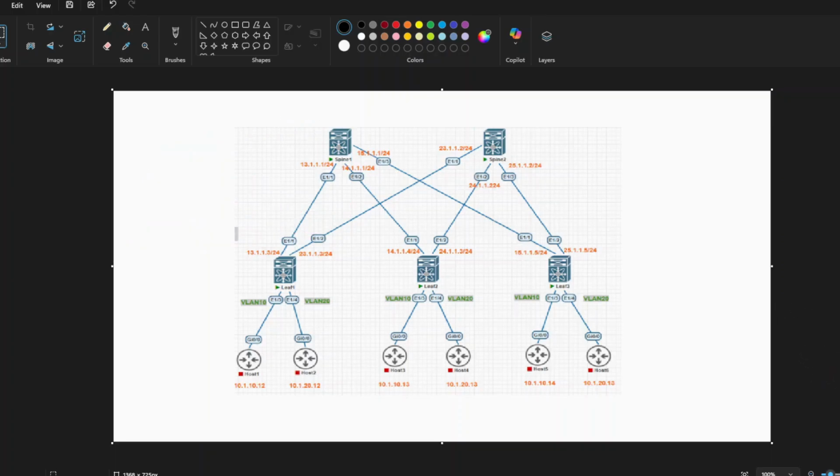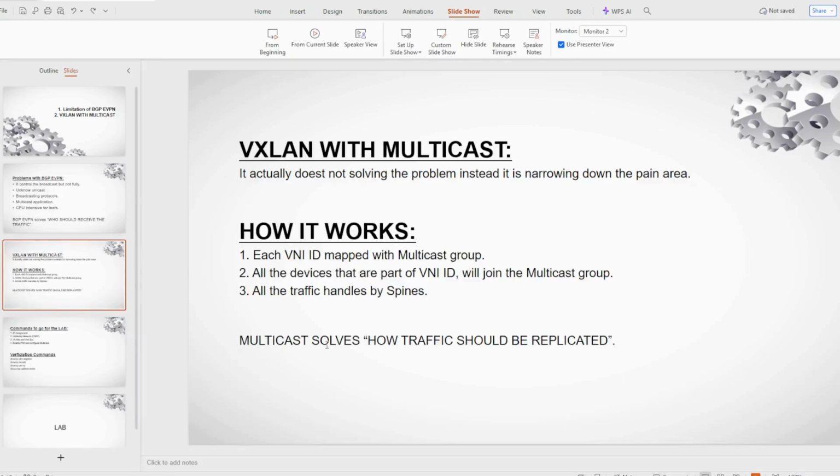Lastly, if I give you a summary: EVPN reduces flooding using control plane intelligence. It still uses head-end replication when flooding is required, but it reduces flooding using its control plane intelligence.